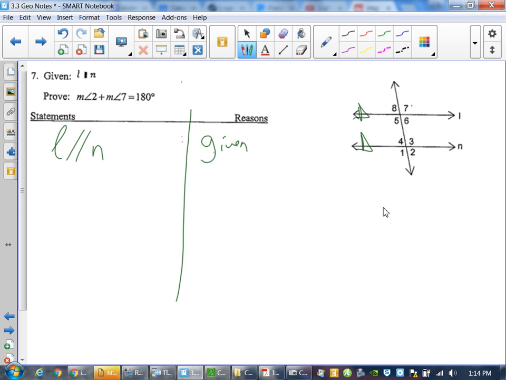They want you to show that angle 2 plus angle 7 is 180. Which means we should probably figure out some other 2 angles that add up to equal 180. Which ones? 8 and 4? 8 and 1?